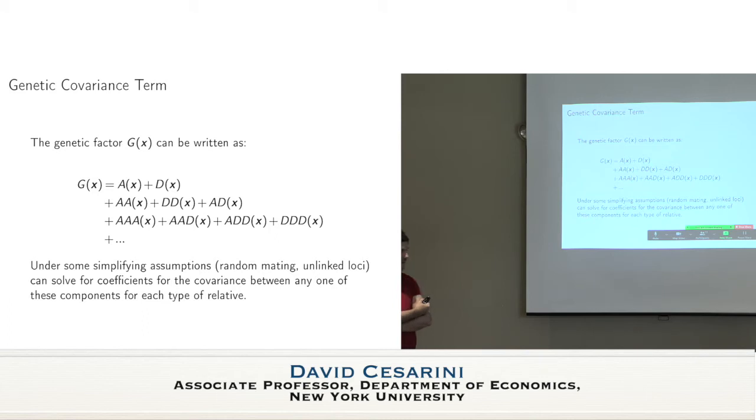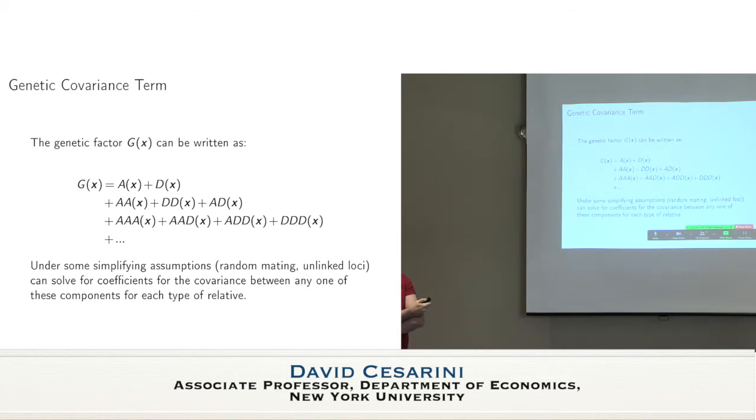And even though, as I understand it, neither Fisher nor Wright figured out, even under random mating, that associated with each of these is a variance component. So this would be the variance explained by all three-way interactions between SNPs at different loci.